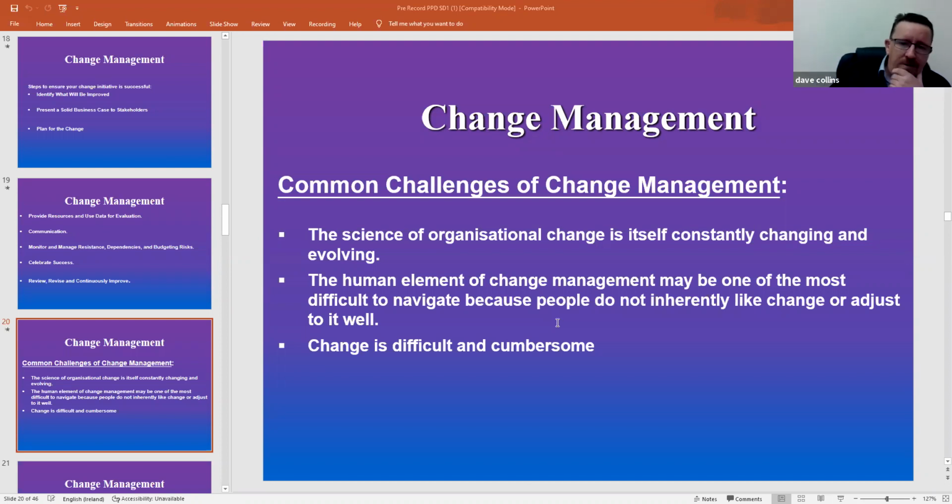You're in an organization and you've been doing the same thing for the last year, the last 2 years, 5 years, 10 years, however long it is. And it's how you do things. You're in a routine. You don't want to change what you've been doing. You don't like it. It takes you out of your comfort zone.